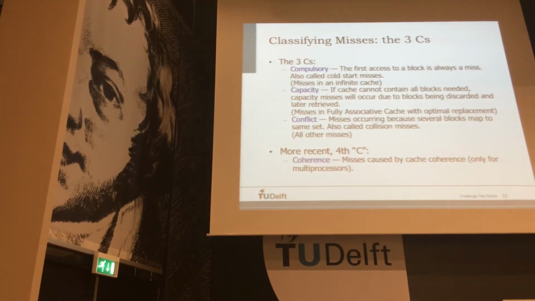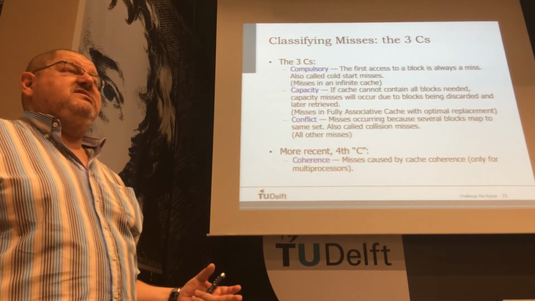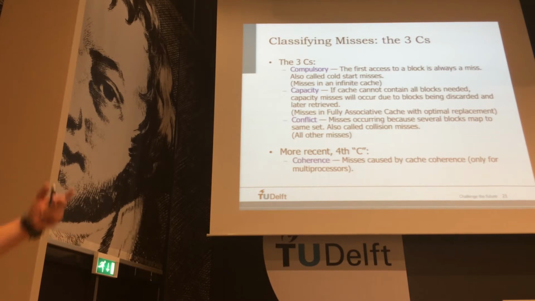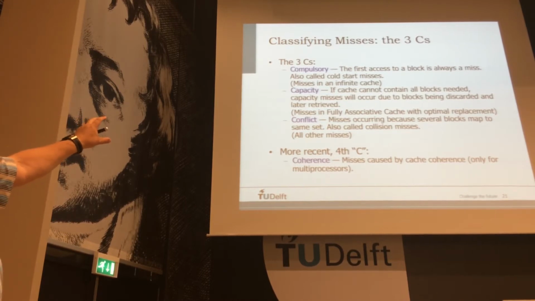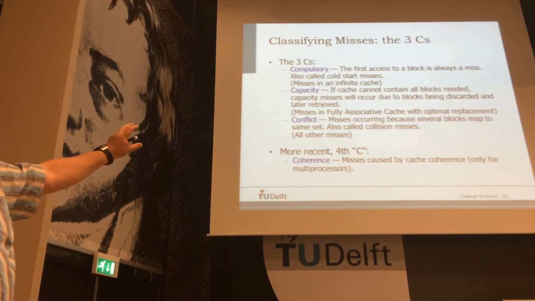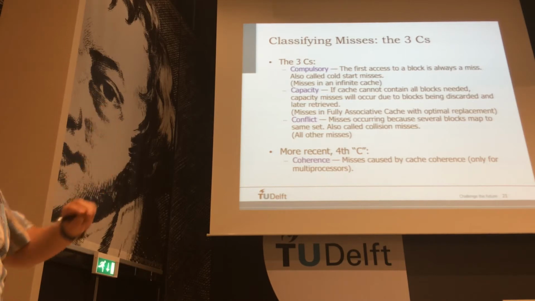Now, in order to understand how to improve that, I have to understand when I get a miss. And we have what are called the 3 C's of cache misses, all of them starting with C: compulsory, capacity, and conflict. Forget for the time being the last one, which I only see in multiprocessors whenever I have the coherence story. I kind of told you about that.